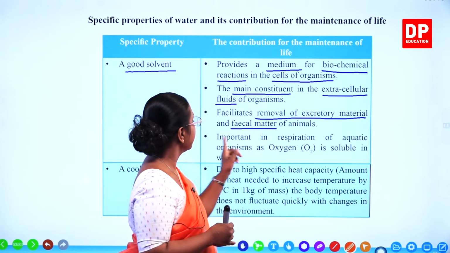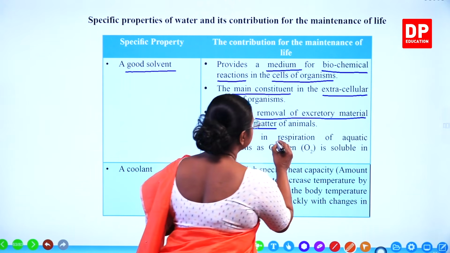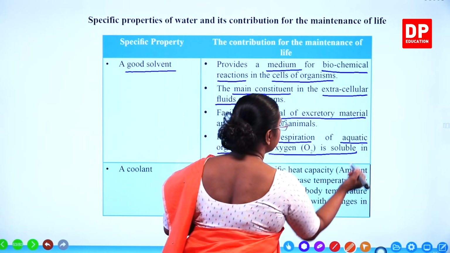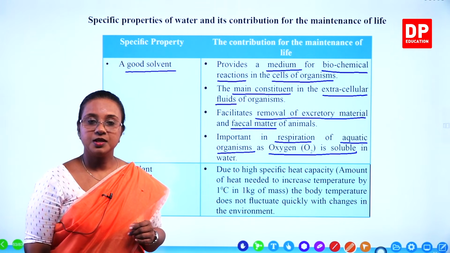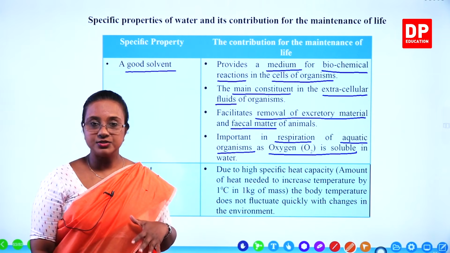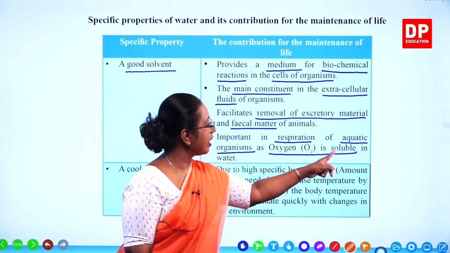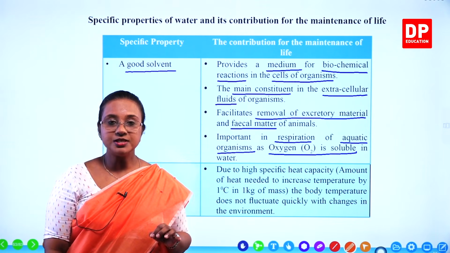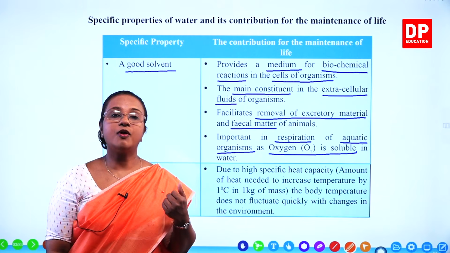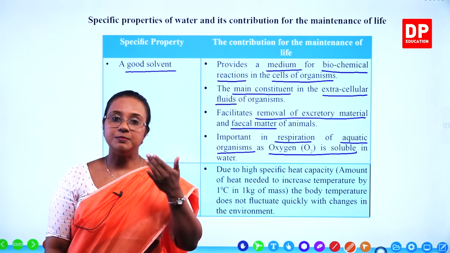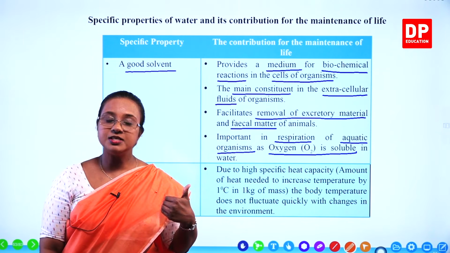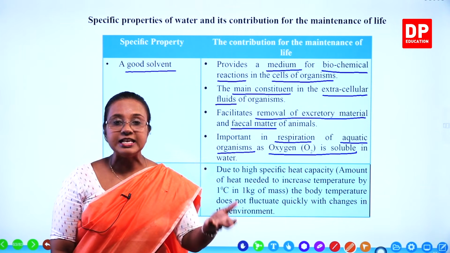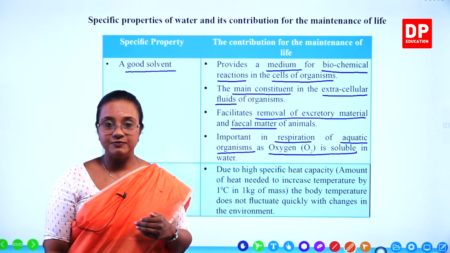And last, important in respiration of aquatic organisms as oxygen is soluble in water. So there are gases that can dissolve in water, and oxygen is one such gas. And as you know, students, oxygen is important for living organisms because we breathe in oxygen and this oxygen is used in cellular respiration in order to produce energy for the function of the living body.